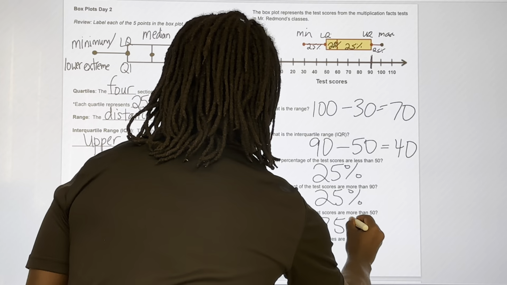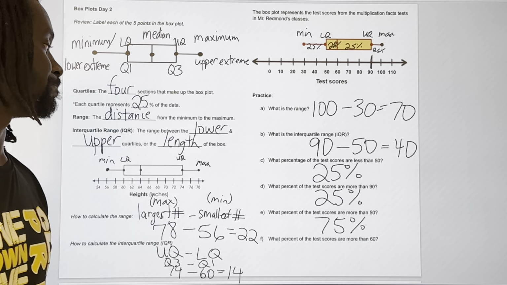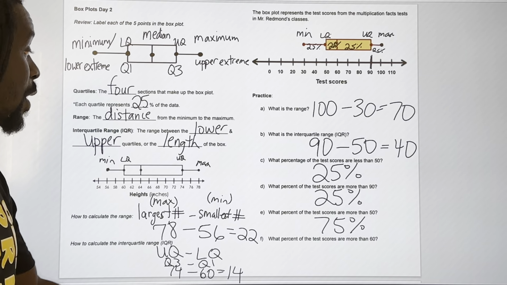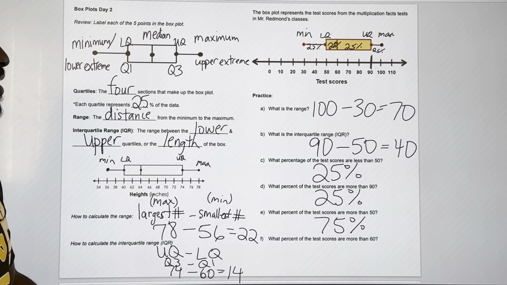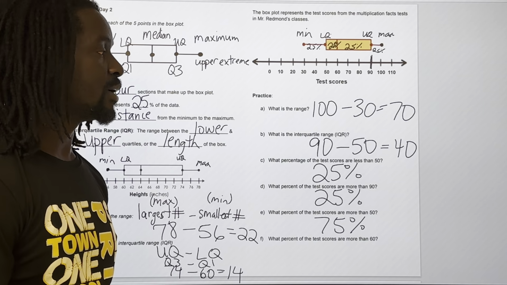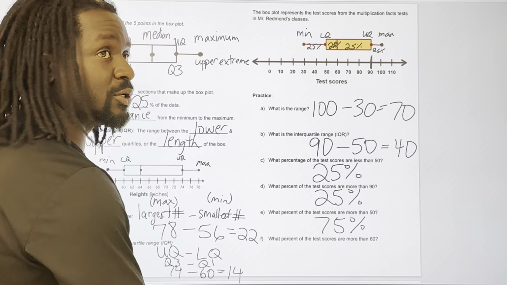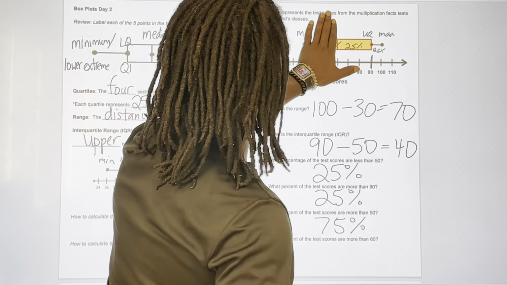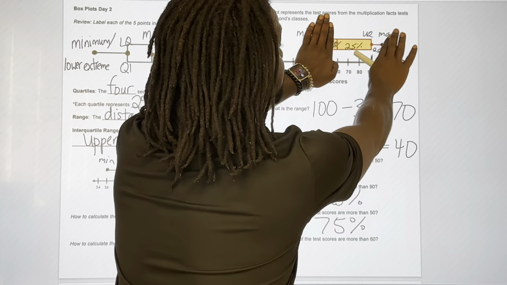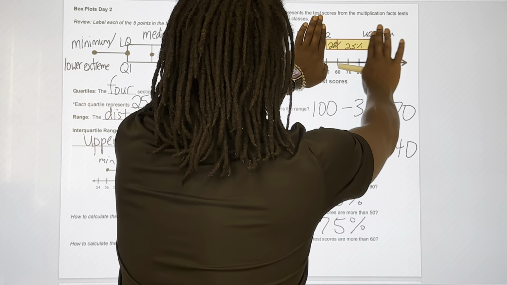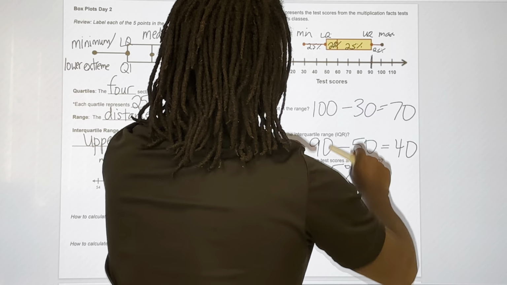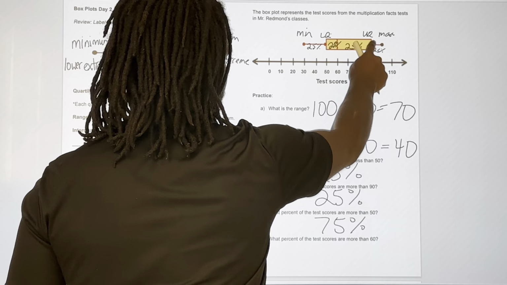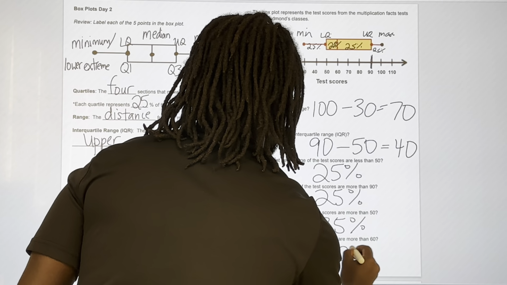Again, imagine I got 3/4, I would have 75 cents. And then lastly, what percent of the test scores is more than 60? If I go to 60, how much of the box plot is to the right of 60? That is 2 sections, and so that is 50%.